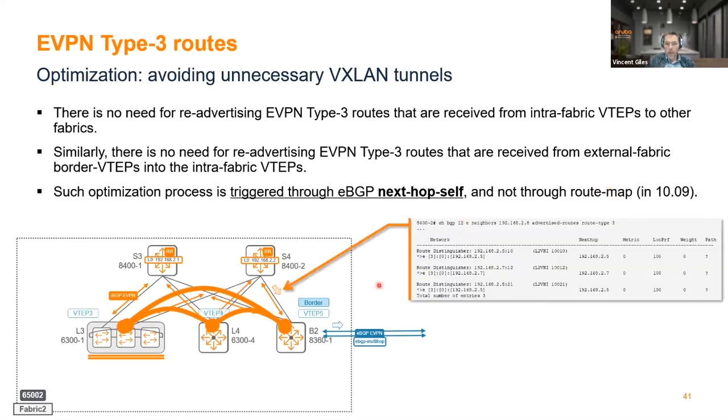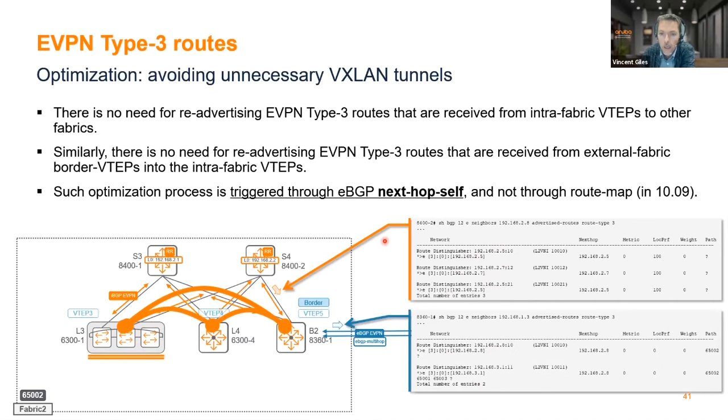Typically here, when I send route type 3, you see that the route reflector will send all the route type 3. For instance, it will send 2.5, which is that guy, and so on. However, the border, as you can see here, will not send that information.